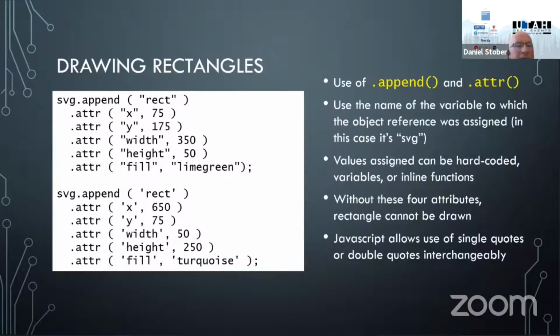If you're an astute follower of the code, you may also notice that in the upper one, I use double quotes around the items, and in the lower one, I use single quotes around them. JavaScript allows you to use either double quotes or single quotes. The only thing that you have to do is make sure that you close with whatever one you opened with.